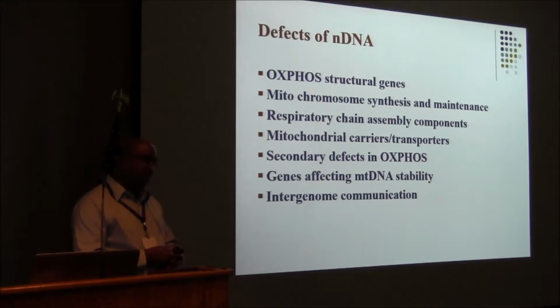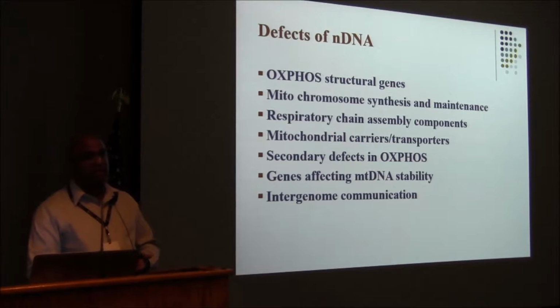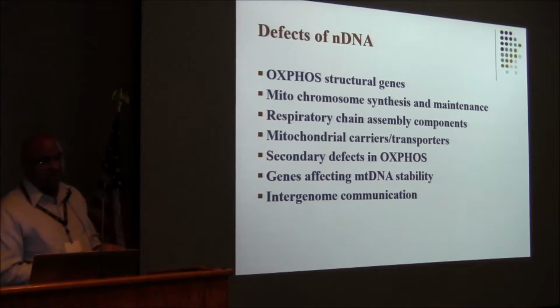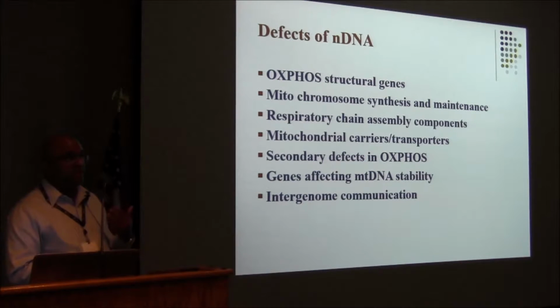Coming to the nuclear DNA part, what kind of defects do we see because of mutations in the nuclear DNA? It can be a defect in the OXPHOS system, either as a structural defect or an enzymatic defect. It can be an assembly defect for the electron transport chain complex.